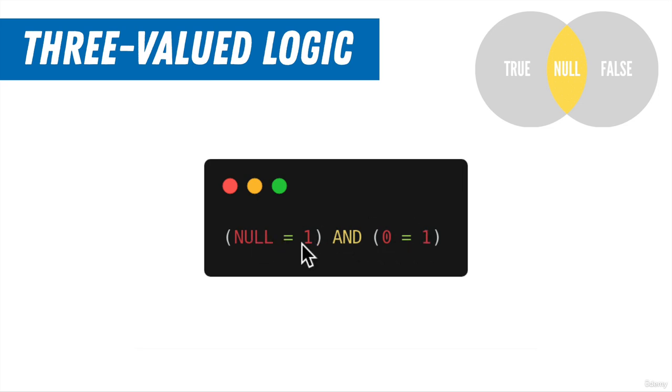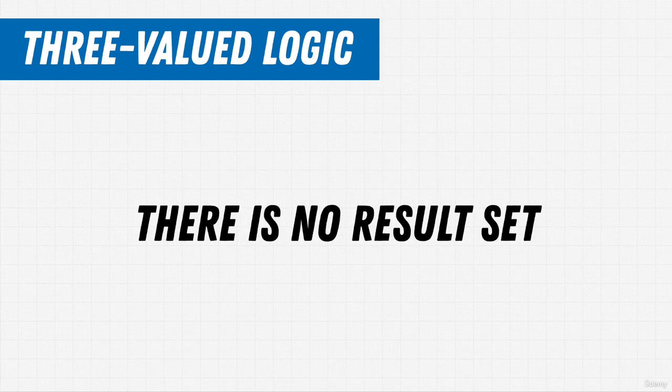Well, null and false equals null, because null is always going to give you back nulls in an inclusive operation such as AND. There is no result set. Nothing will come back of this. All right, so we're getting the flow here. Null can be a tricky thing.